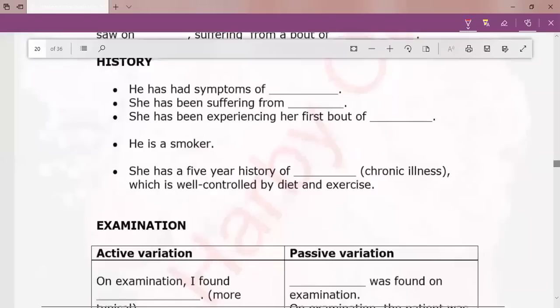Then go for the second paragraph. Write the history, social and medical history.